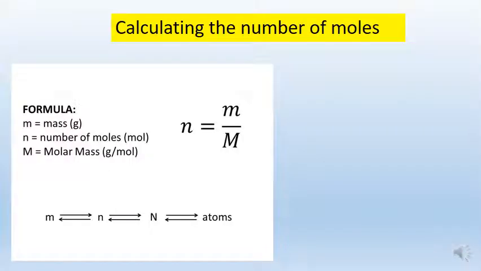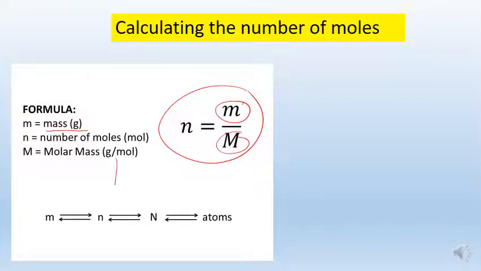Okay, so you've been waiting for this moment, and now I'm going to show you how to calculate the number of moles if you're given the mass of a certain substance. Right here you see a very important formula. You've probably seen this as early as grade 10. The number of moles n is equal to m, the mass of the substance in grams, divided by M, the molar mass in grams per mole.